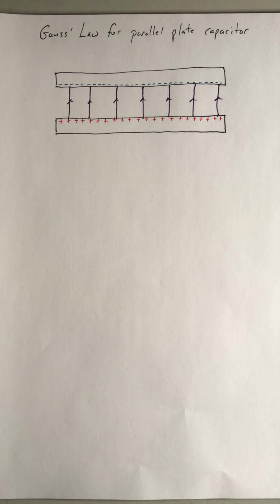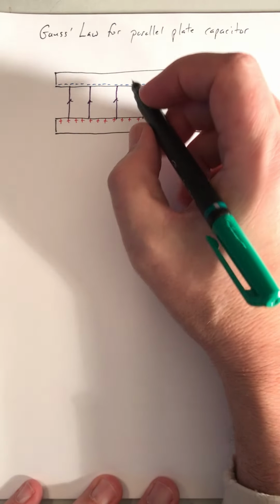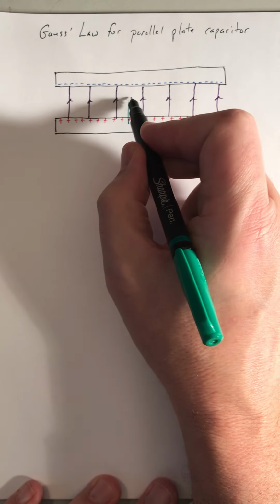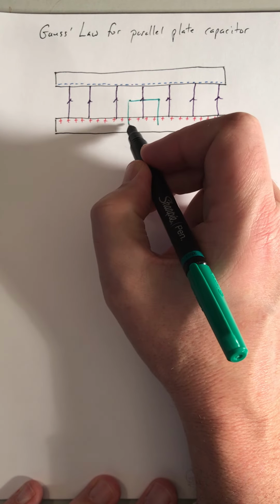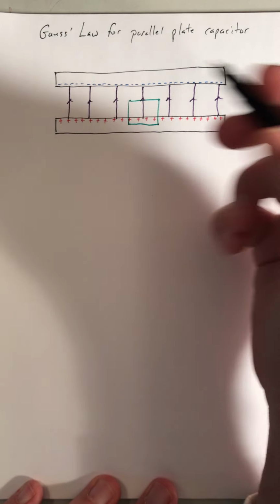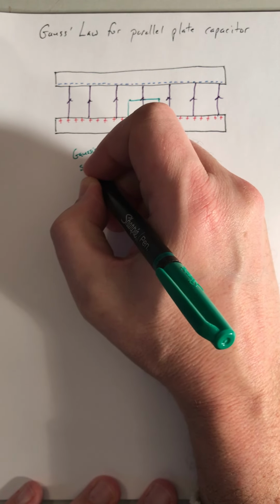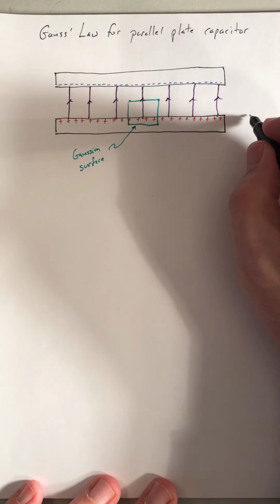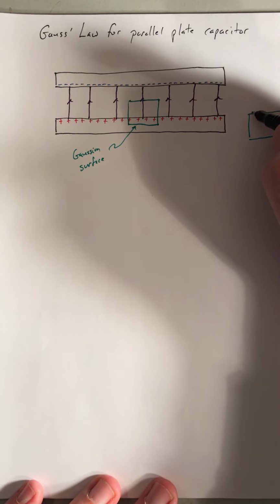For my Gaussian surface, I'm just going to draw it in cross section here. But as a full three-dimensional surface, we're going to apply Gauss's law to, it's going to look like a cube, in as much as I can draw a cube.